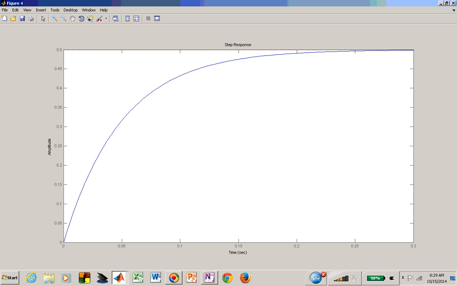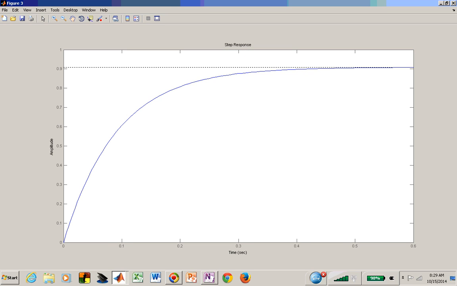How quickly did this get to that steady state? 0.25 seconds, right? According to this, roughly, or if you wanted to, 0.3. How quickly did our previous system reach the steady state? Not as fast, did it? So we had a slower system, but a more accurate system in the first case.